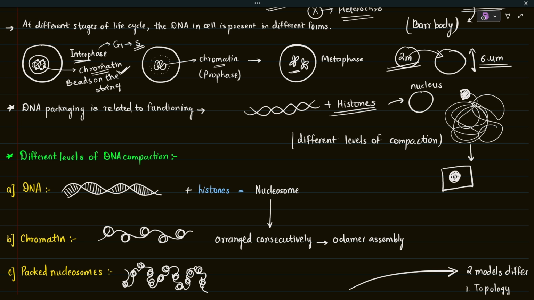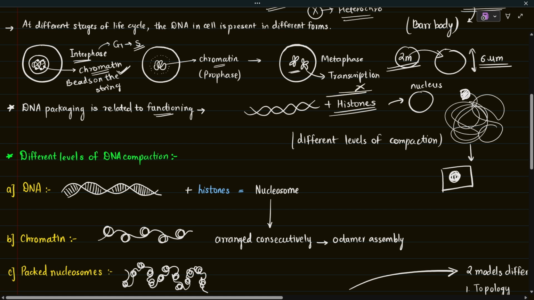That is why DNA is packed differently in different cell types. Why? Because DNA packaging is related to functioning. As I already discussed, if the DNA is compactly packed, like in the chromosome, it can't be transcribed. Transcription is not possible. This is only for packaging.